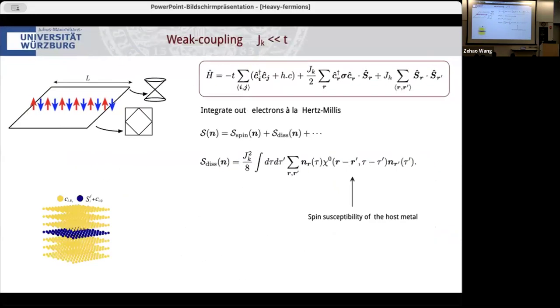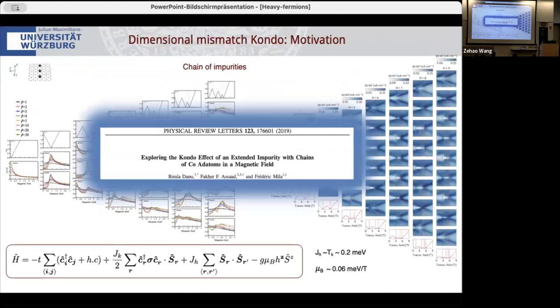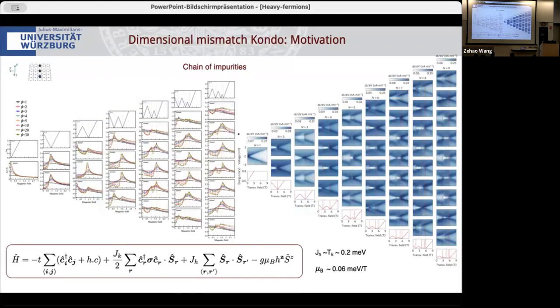It's already dynamically generated, but this was our motivation: we wanted to look at these cobalt atoms on copper 111, and we just needed this J term to be able to reproduce the experimental results. On these surfaces, the experimentalists tell us that there is a direct exchange. But in principle, it should be dynamically generated.